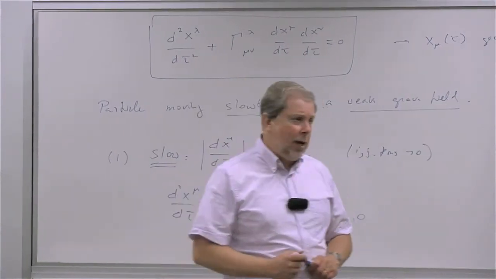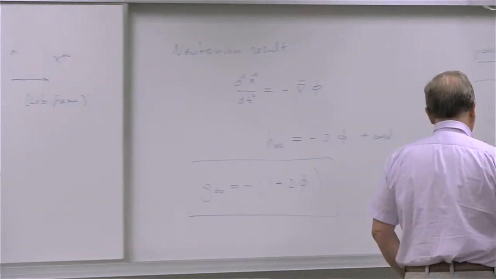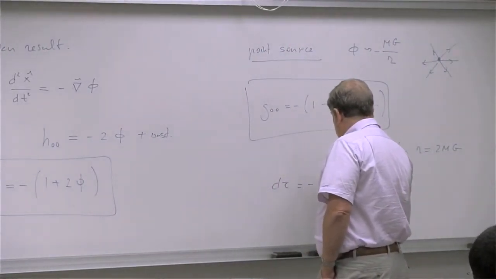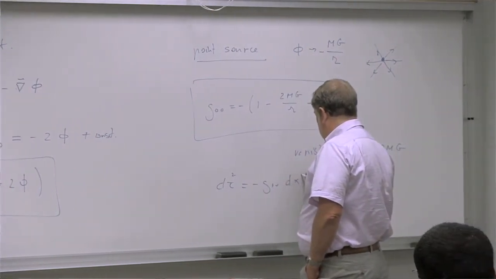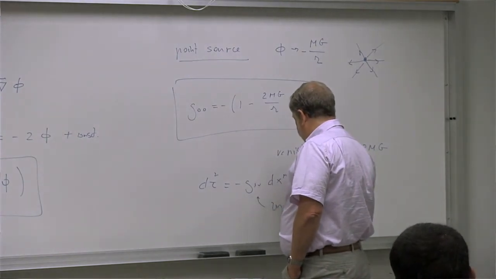And of course, if the metric vanishes, then we do have strange things happening, because remember that the proper time interval squared was equal to minus g mu nu times dx mu dx nu. So this could be 0.